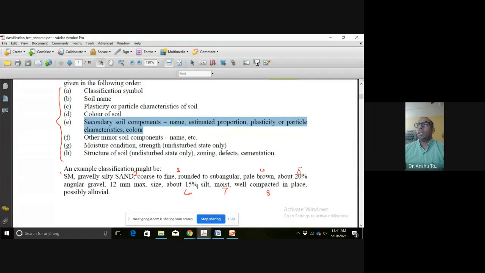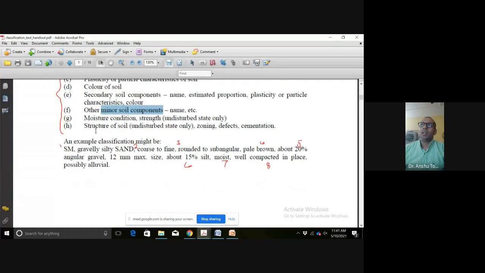Then we have got 6-1, that is minor soil components. Besides the main components, what else is there in the soil of that place, separate tests will be done for that, and the data has been written here, 15% of silt is also there along with the major 60 to 65% of the main component. Whether it is a clay or anything else. So this is how we document.